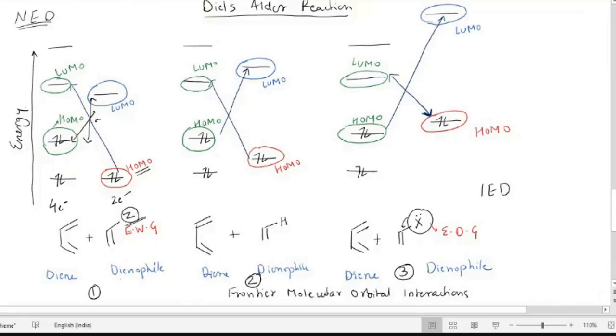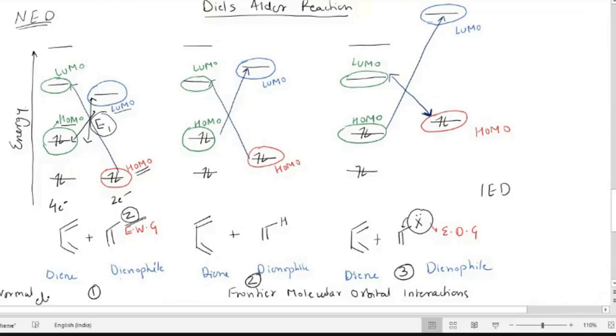Now I'm giving it name as P1. P1 is less as compared to HOMO and LUMO of diene. This energy gap is more, but if you see HOMO of diene and LUMO of dienophile, the energy difference is less. So this reaction you can consider as normal electron demand.